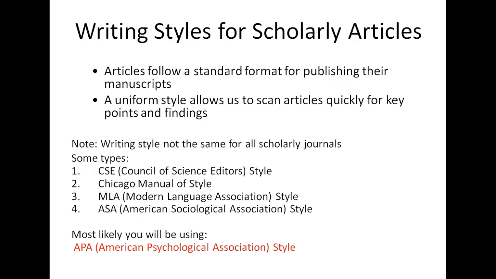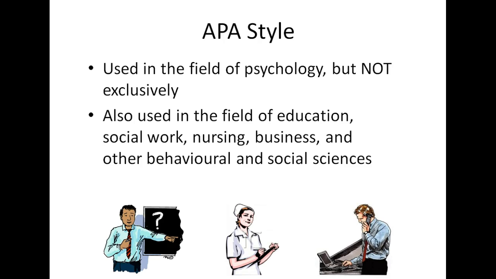The ones you'll be looking at, and the one I'm going to be talking about today, is the American Psychological Association. Not surprising in a psychology course. APA style is used in psychology, but not only in psychology. It's also used in many of the helping professions. So the field of education, social work, nursing, business, and other behavioral and social sciences. So it's one you need to get familiar with.